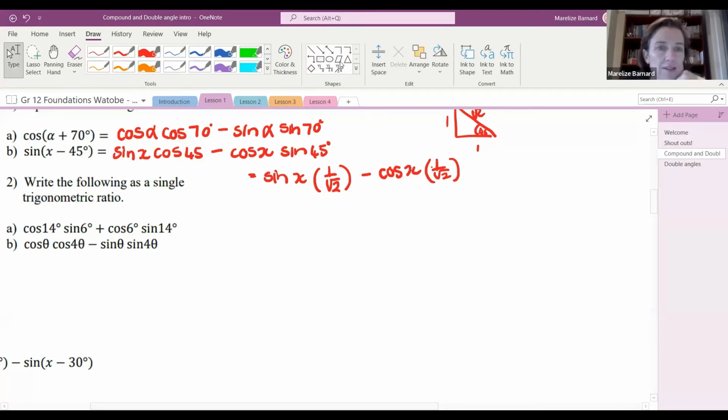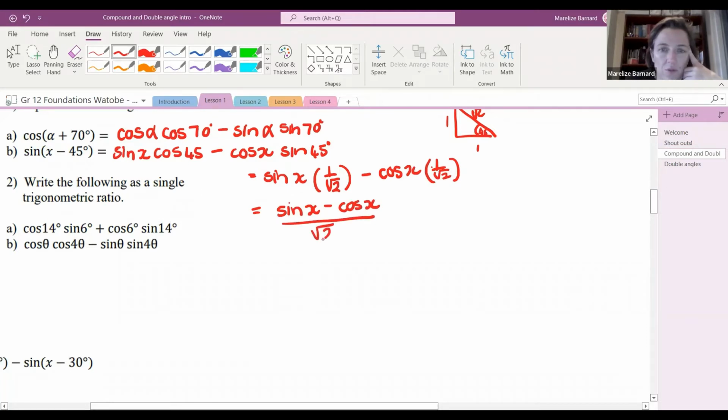Okay, so I see that there's a question here about rationalizing the denominator. You don't have to, unless you are told to. It's not really necessary. We can leave this as cos x over root 2.